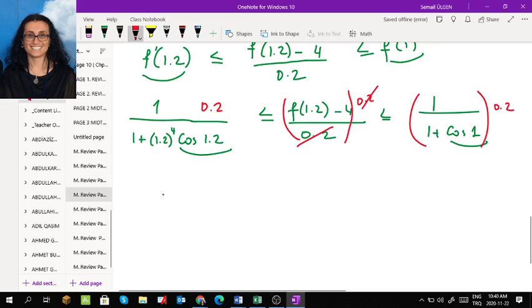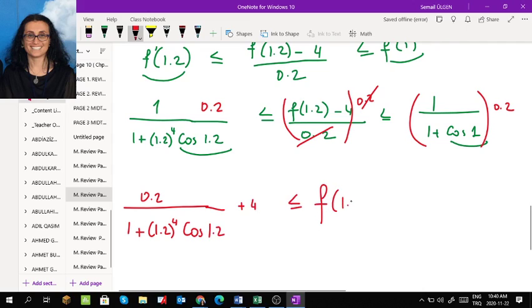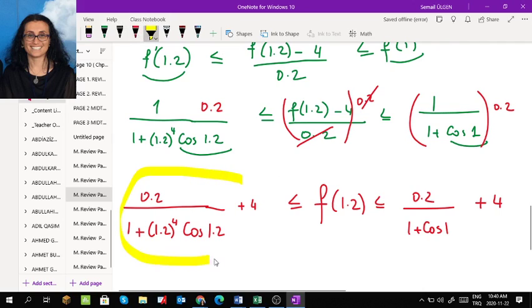And then I have 0.2 over (1 plus 1.2 to the 4th power) times cosine 1.2, plus 4, less than or equal to f(1.2), less than or equal to 0.2 over (1 plus cosine 1), plus 4. So f(1.2) is bigger than or equal to this number and smaller than this number.